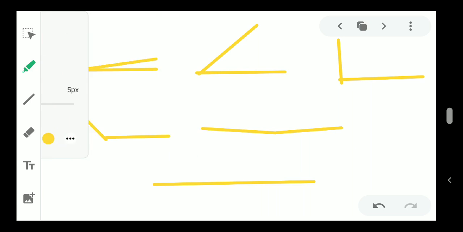So this is the intersecting point here, here, here, and here.